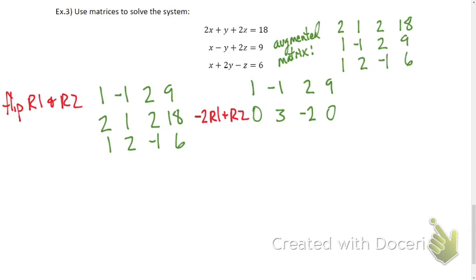I need this 1 to become a 0 as well. So I could subtract row 1 from row 3.